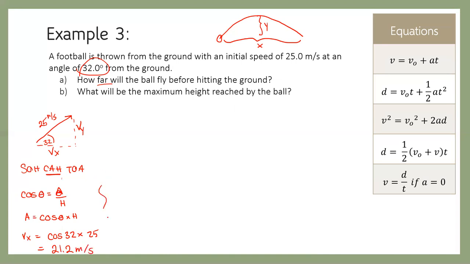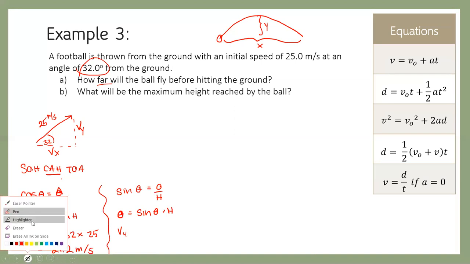We're going to do exactly the same thing with the y velocity. To get the y, it's opposite, so we're going to use sine. So sine of our angle is equal to opposite over hypotenuse. So the opposite is equal to the sine of the angle times the hypotenuse.